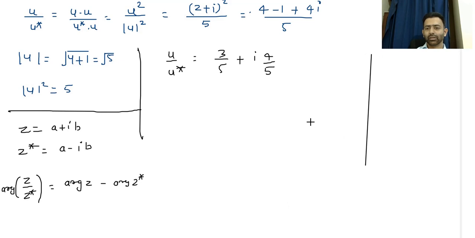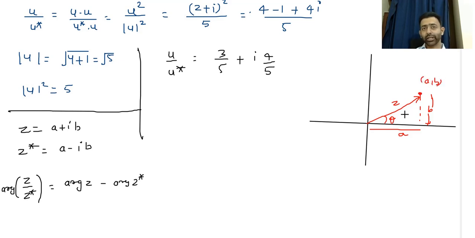suppose this is your point z, which is of the type a plus ib, and it is making an angle theta. So this distance is a, this distance is b, so this is point (a, b). Its complex conjugate is given by just a mirror reflection in the real axis. So this will be your z conjugate, where this is b and this is a, and this angle will be theta.